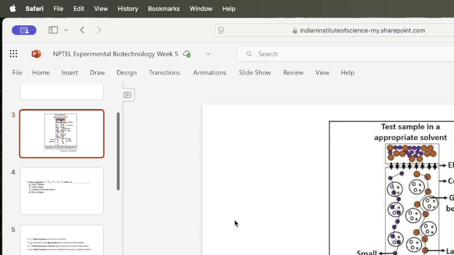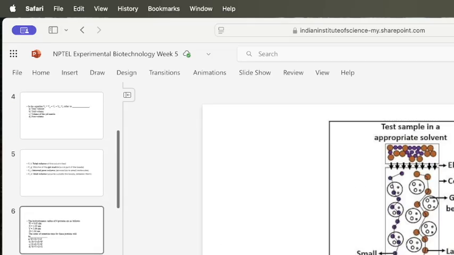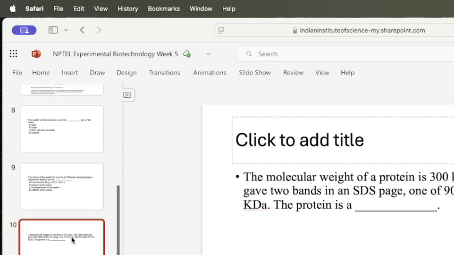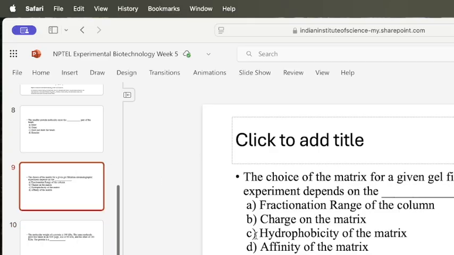The same protein might enter the pore in one particular column, whereas go through the void volume in another particular column. So this is called the fractionation range. And so the choice of the matrix for a particular experiment would depend on the fractionation range. So it basically depends on the size of your protein. Was that clear?